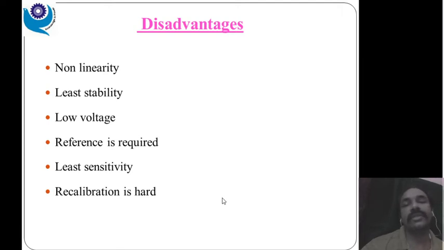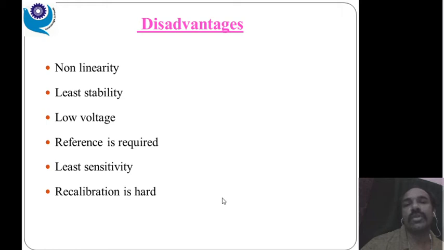Least sensitivity, right? When we use two dissimilar metals, it has a very small voltage, in microvolts, right? And when there is a change in the temperature, its voltage also changes, but it is very small. That's why we cannot predict that change, so it has least sensitivity.